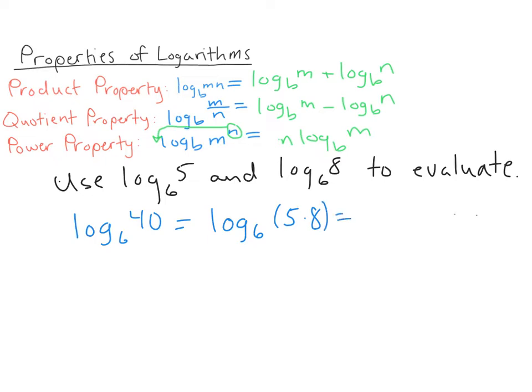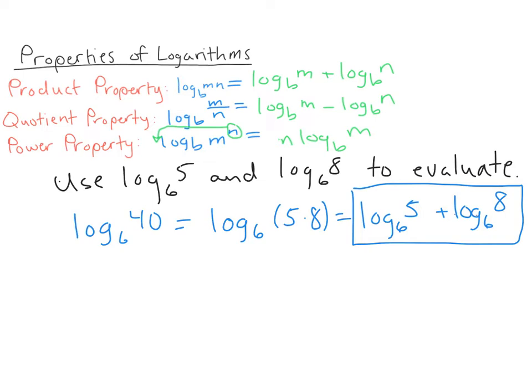And then we can expand that multiplication by doing log base 6 of 5 plus log base 6 of 8. And so this right here would be fully simplified because nothing else can simplify out, like for instance, the 6 and the 5 are not the same number, 6 and the 8 are not the same number. So we would just leave it as is, okay? So this is a very basic introduction. Of course, things will kind of ramp up a little bit, but let's talk about the quotient property now.